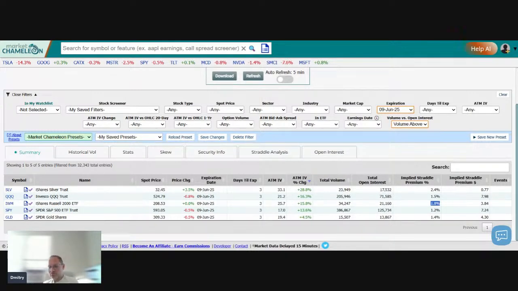Okay, so if we have similar products and similar expiration, now we could see which ones are higher, which ones are lower relative to each other. And this here gives it to you in dollar terms, because not all these stocks are the same dollar value, right?